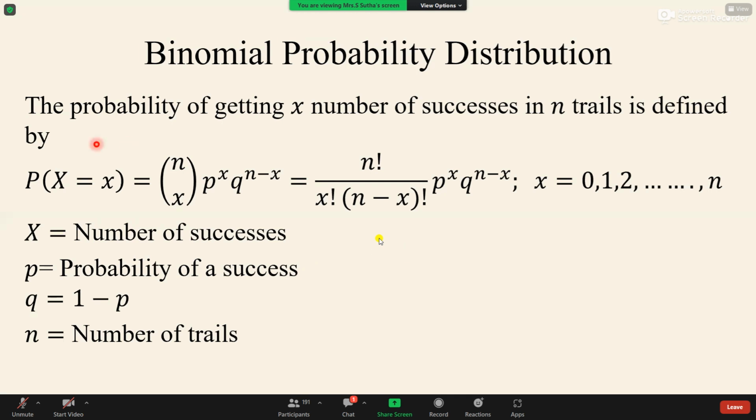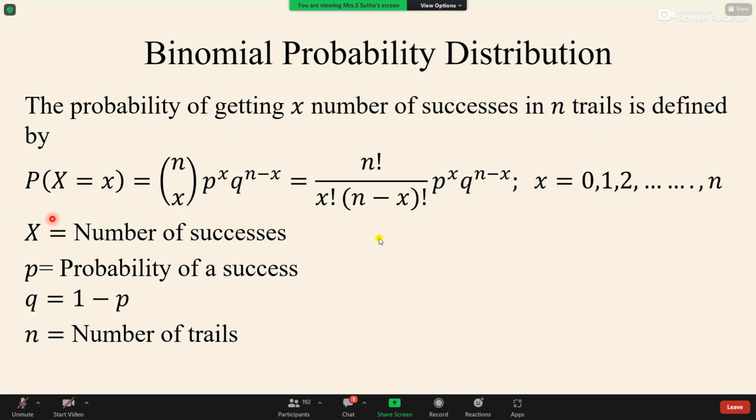So what is the binomial probability distribution? It defines the probability of getting X number of successes in N trials, right? So we are looking at the probability of getting X number of successes out of N trials.